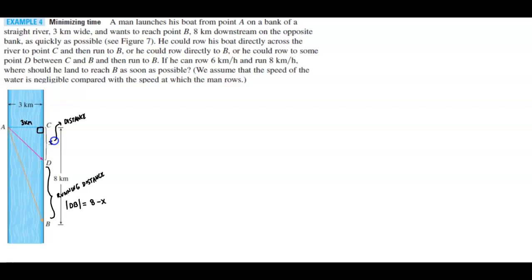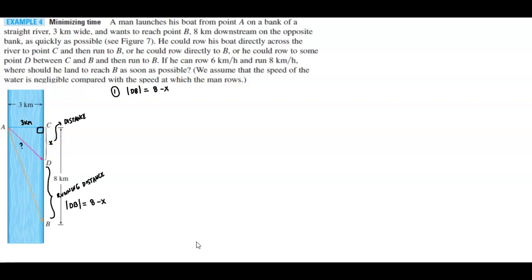We know that we have the x distance here, and we want to find the distance between A and D. So let's write down the given information so far. We know that the distance from C to D is x. We know that the absolute value of DB is equal to 8 minus x.